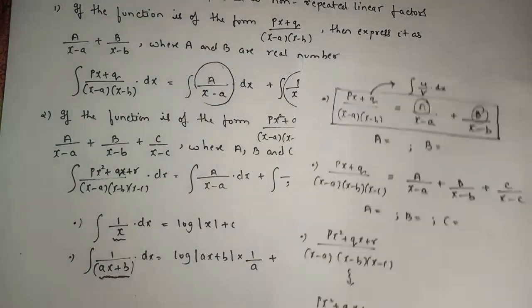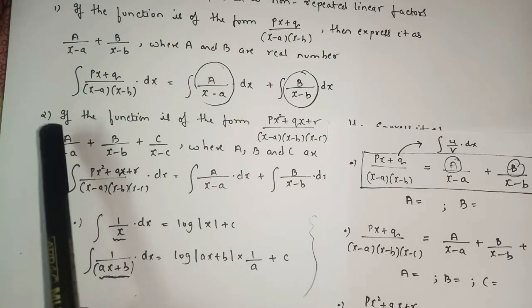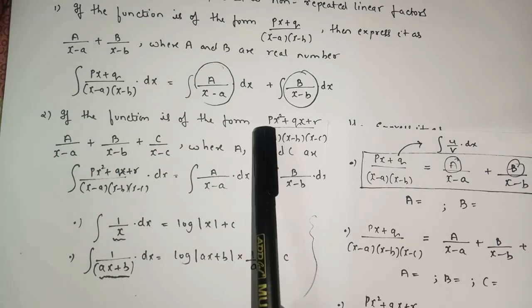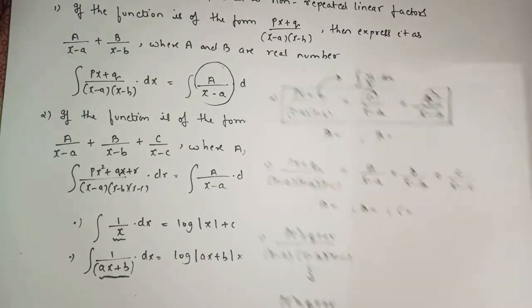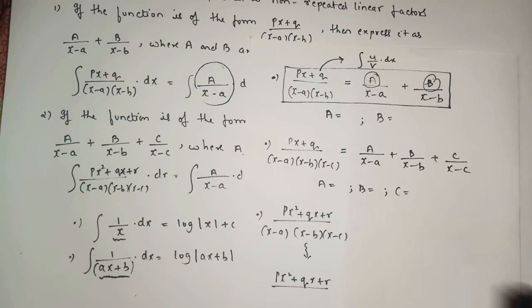Okay, now the second one is, if the function is of this form, where you will see a quadratic equation in the numerator, and in the denominator you will see a non-repeated linear factor.